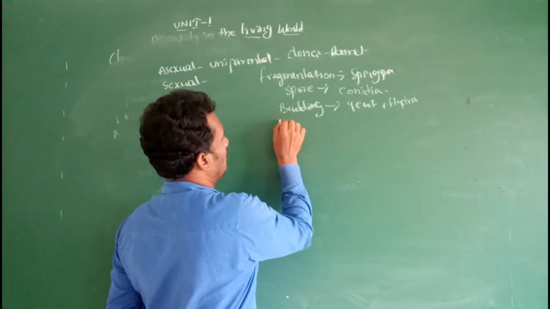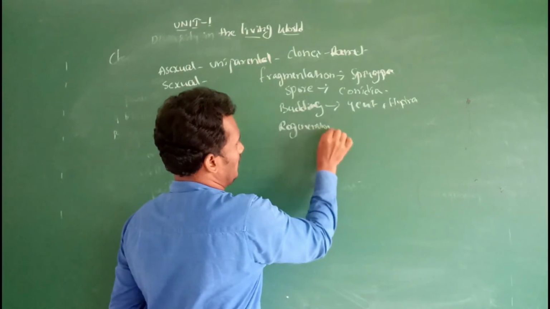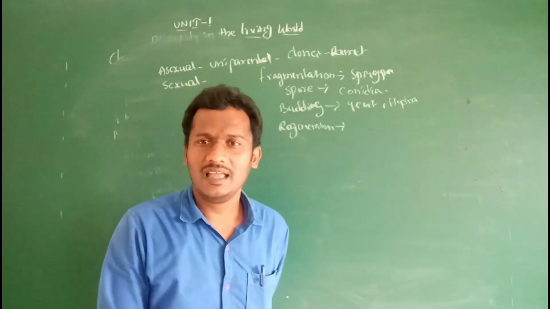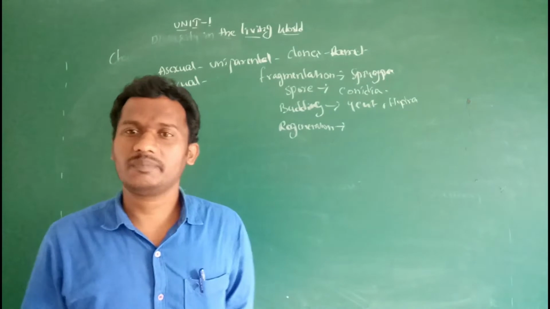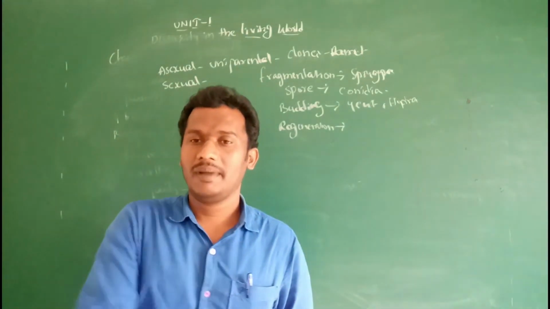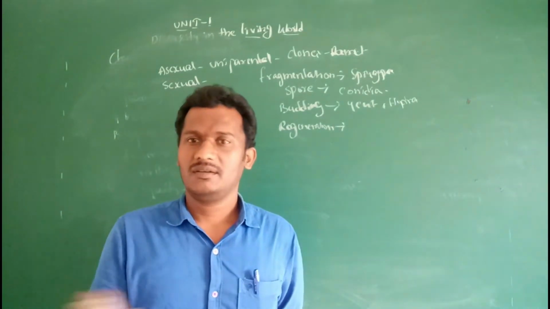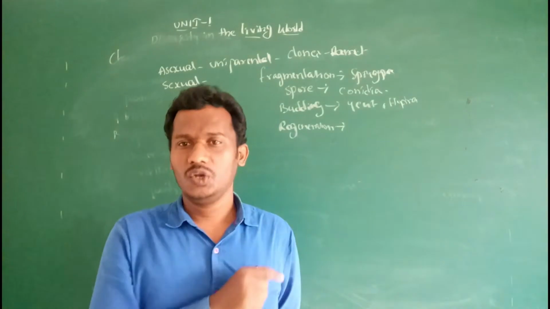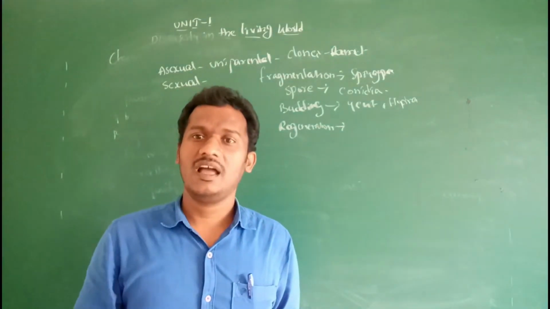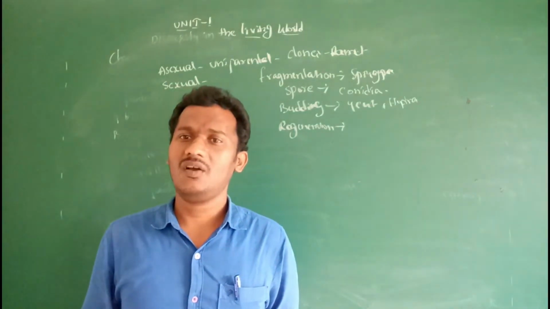Next one, regeneration. So regeneration is nothing but growth that takes place on injured tissues, structures, etc. By regeneration, one fragment may develop into a new organism, or restore the injured tissues, structure or body parts of the organism.